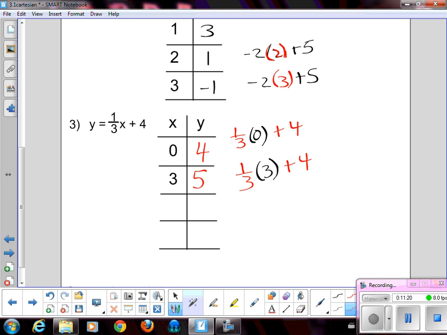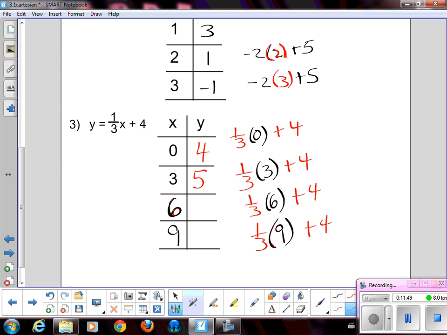So those are the types of numbers I'm going to choose. So the next number, obviously, is 6 because 6 is a multiple of 3, and I'm then going to choose 9. So when I put it in here, I end up with 1/3 times 6 plus 4, and then I also have 1/3 times 9 plus 4.